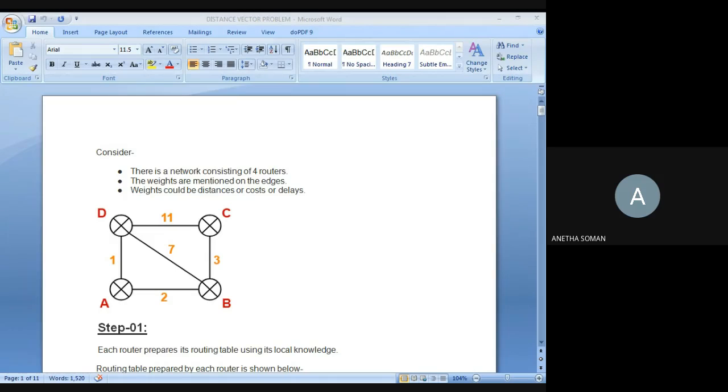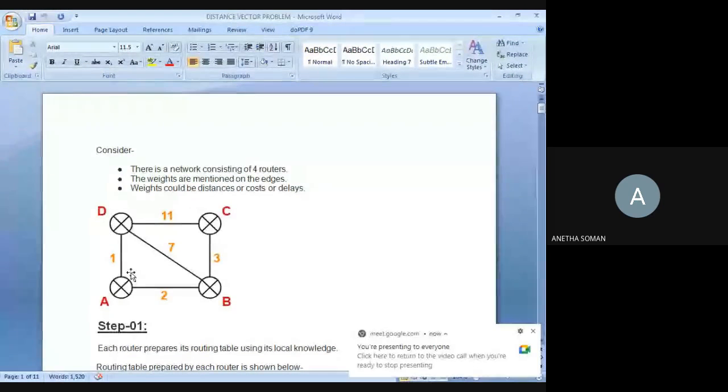What are the columns in that? You have A, B, C, and D. If you don't have a direct path to your destination, mark it as infinity. Step 1 is each router preparing its routing table using its local knowledge.